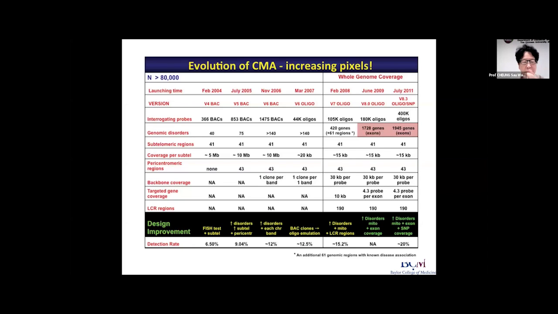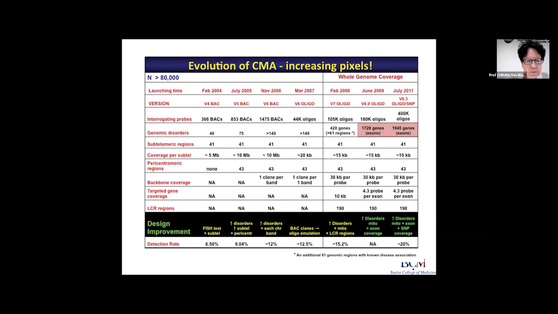This is what we call the evolution of CMA. We started in 2004, and we had 366 BACs containing 40 genomic disorders. Remember I said that prior to 2000, we spent a decade discovering different genes, and then we immediately put them into FISH for detection of these syndromes.